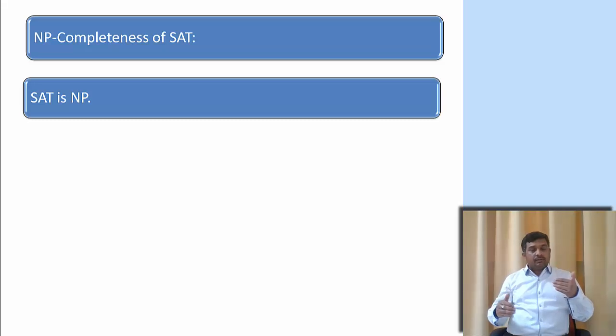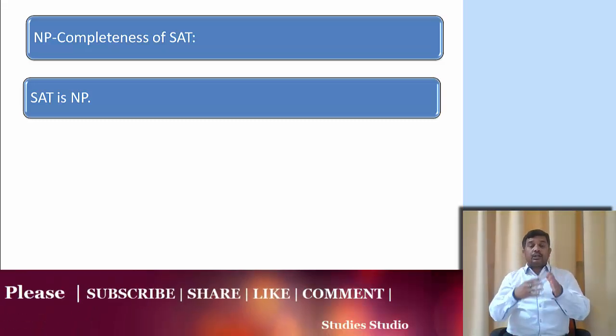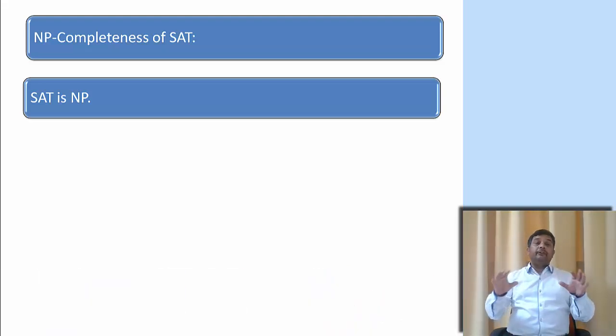So as the number of variables increases, the complexity of the problem also increases. To generate the truth table, it may take a long time. But if the truth value is given to me, to verify it will take very little time, or polynomial time. That's why I can say the SAT problem is in NP.